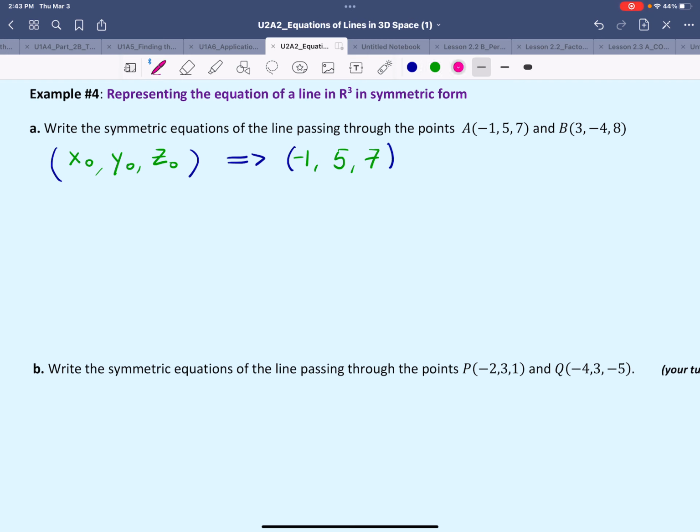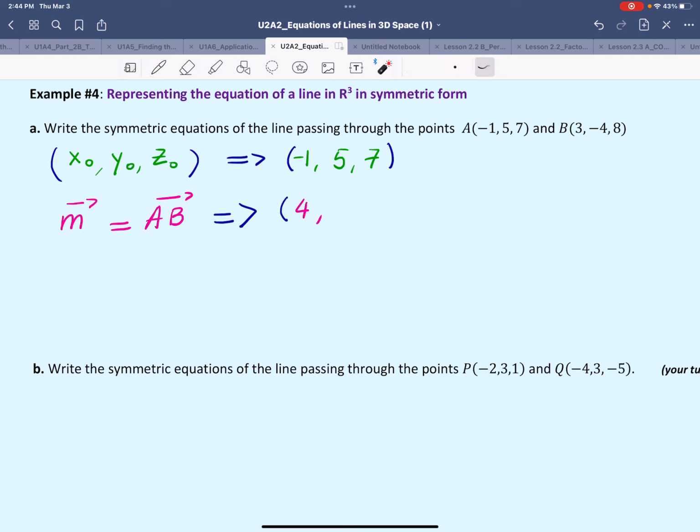Next, we're going to need the coordinates of a direction vector. And a direction vector can be actually the exact vector that connects A and B. So I'm going to say it will follow AB because the line has to pass through the points. Now remember that it can be vector AB or any multiple of vector AB. So we're going to say that this would be 3 minus -1, that's a 4.